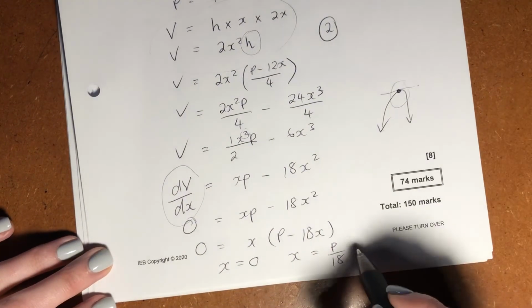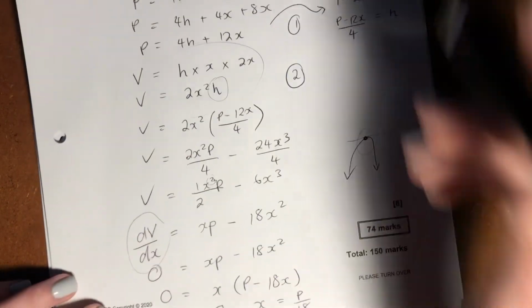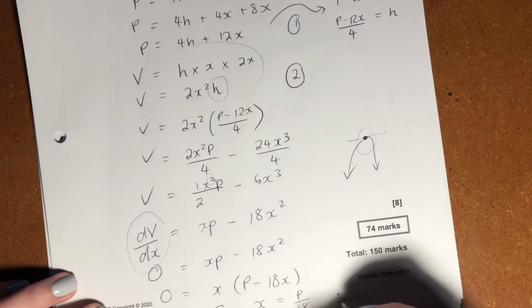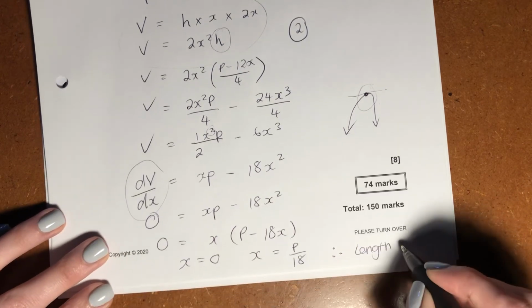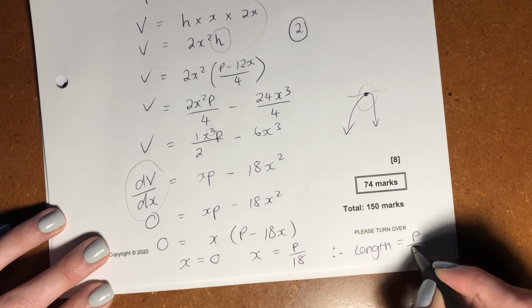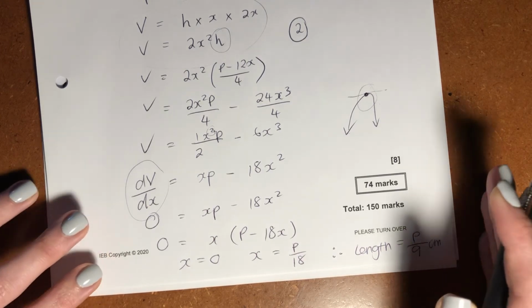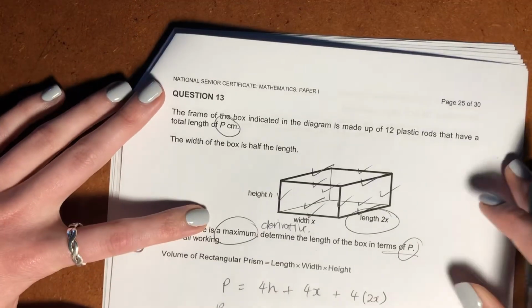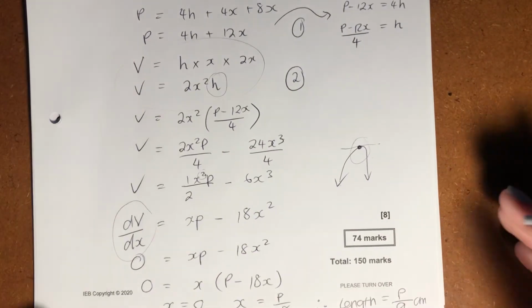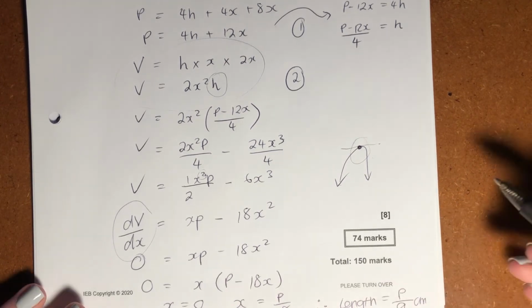So what we've done here is we've done this actually for width, which is half of length. So therefore, length then equals 2 times this, which is just p over 9, right, centimeters. How do I know it's centimeters? It does say here specifically it's in centimeters, so to be as accurate as possible, please write it in centimeters, and that is the length that you would need in order to maximize your volume of the shape.